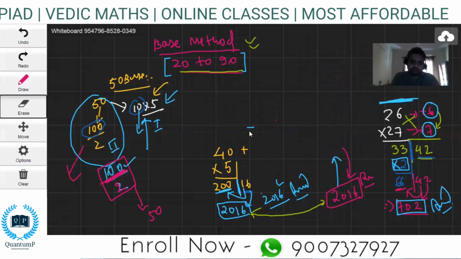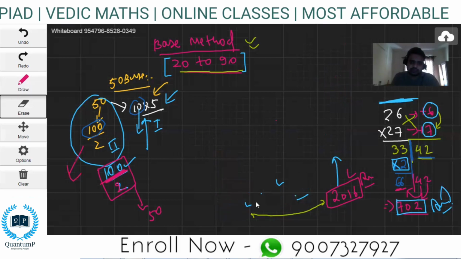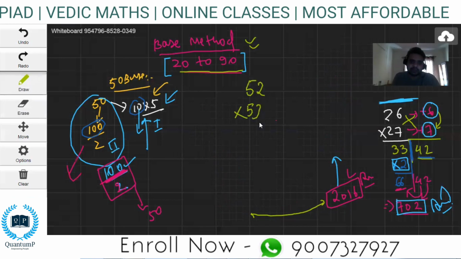So let's take a sum. I'm taking one odd number and one even number, because this variety is of one even number and one odd number. And I'm doing it by the second method.